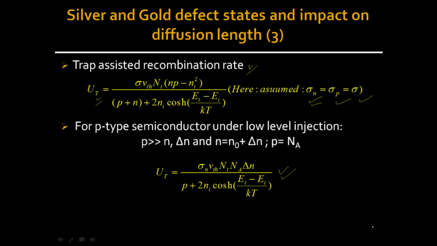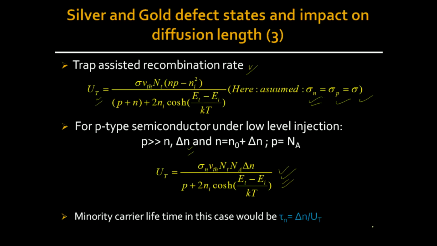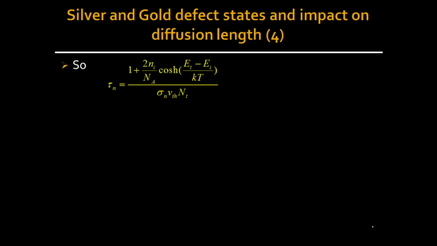It operates under low level injection, where for a p-type semiconductor the majority carrier is much higher than the minority carrier electrons and the excess photo-generated electrons. So this is the equation after these assumptions, and again if you want to find the lifetime, it would be the excess carrier concentration divided by the trap-assisted recombination rate.